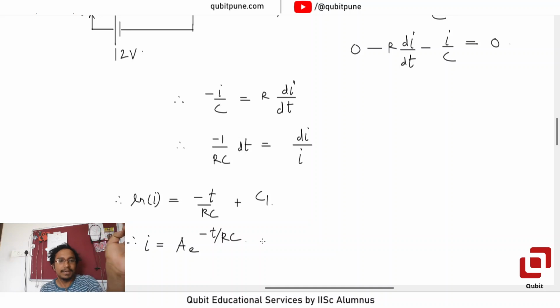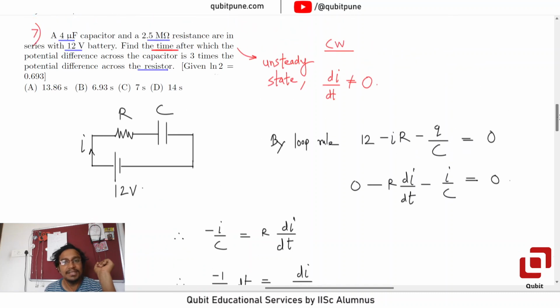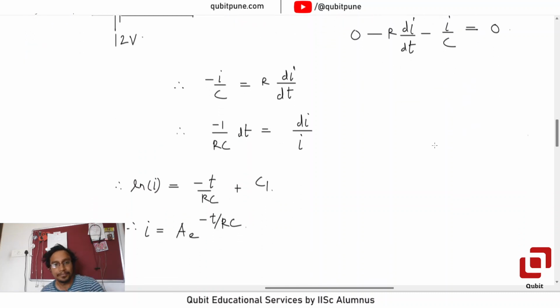Now what should be the value of A? Can anybody tell me? Sir, we can find that from the initial condition. Initial condition means t equal to 0, what is the current? Zero, sir.